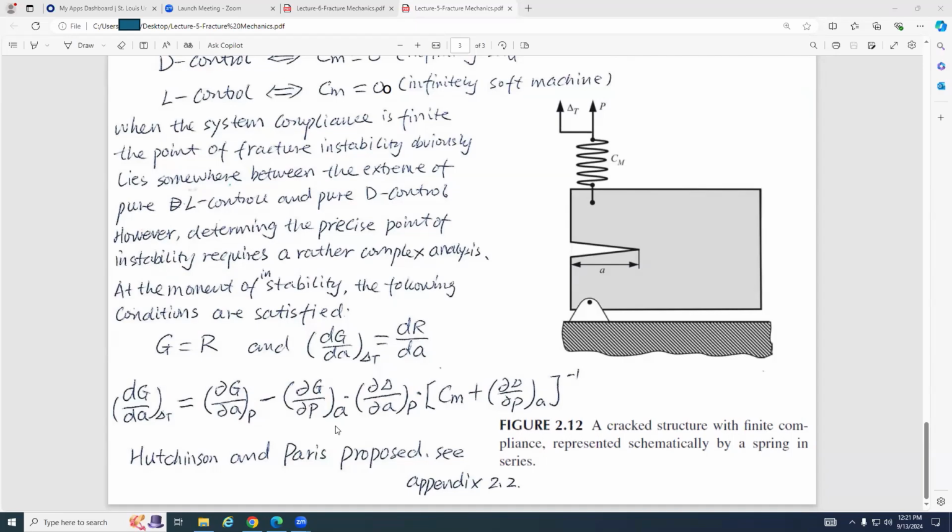He is a very famous guy. I don't want you to know how to derive this equation, but to broaden your knowledge, take a look at Appendix 2.2 for a better understanding of it.